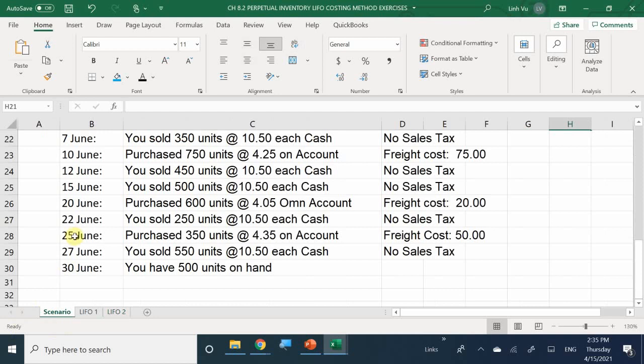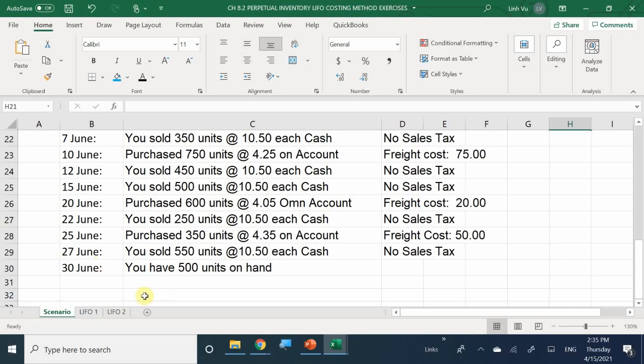So then, what has happened next on the 25th of June? You purchased 350 units. Okay. At what price? 435. Sorry, with freight of 50. So 350, 435, 50.